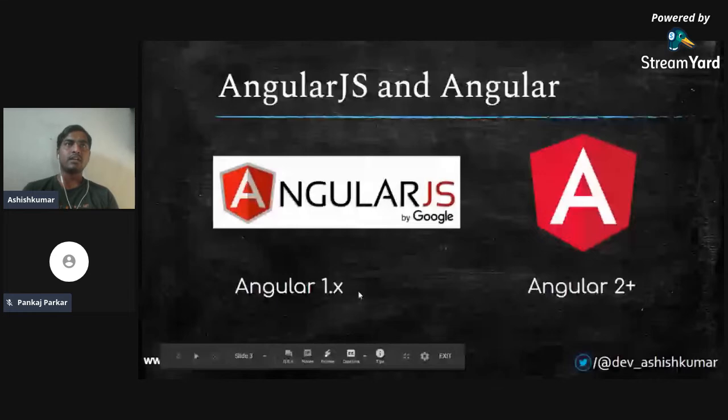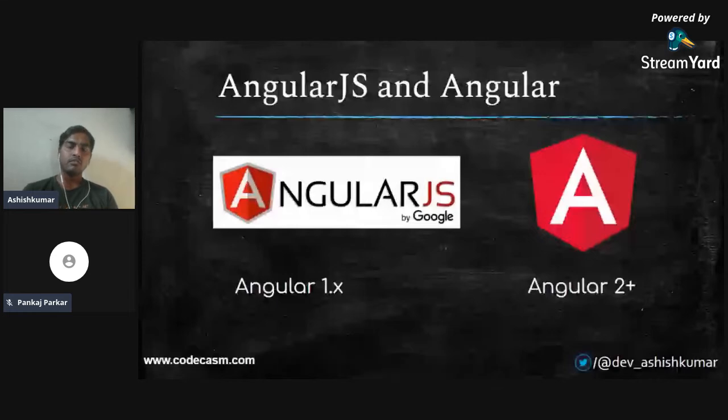Why is it mentioned as 2 plus? Angular 2, Angular 4, 5, 6, any version of Angular ahead of 2 is considered Angular itself, so it is written 2 plus. The basic difference is that Angular 2 plus is a complete framework as compared to AngularJS.